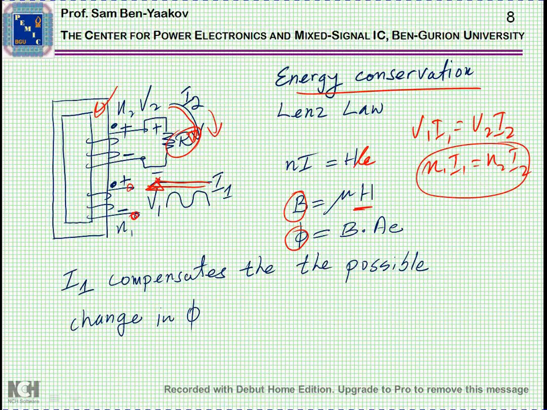This is actually a variation of Lenz's law. So this would mean that if current is coming out from the dot in one winding, it'll go into the dot in the other winding, so that the effect of N1 I1 is canceling N2 I2 by virtue of being of the same magnitude and opposite directions.